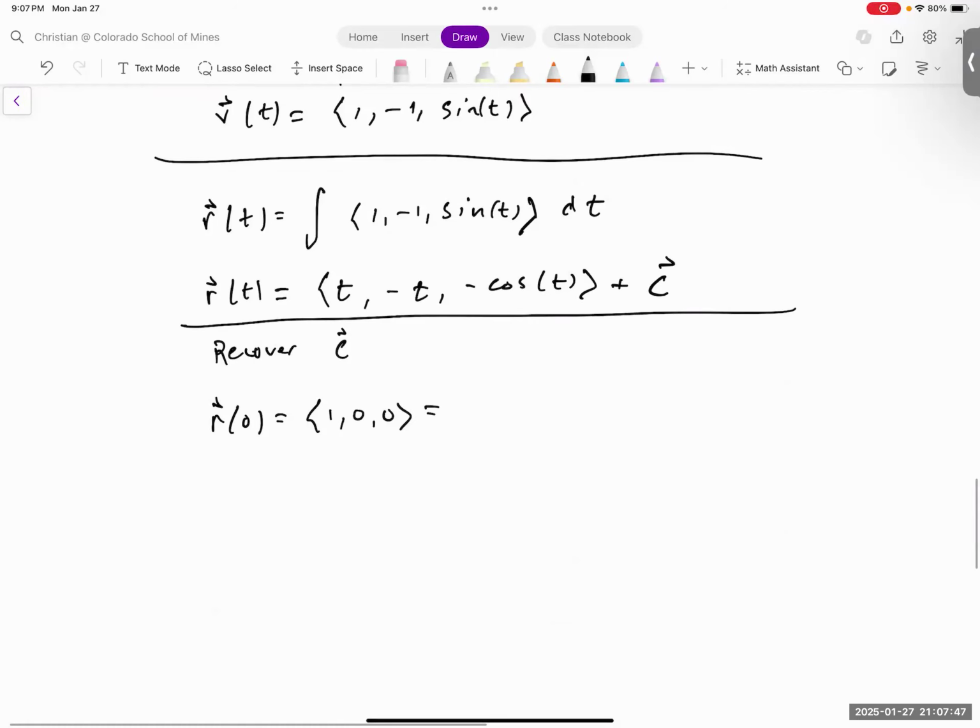We're going to plug that into our r of t. So we have 1, 0, negative cosine 0 plus our constant.